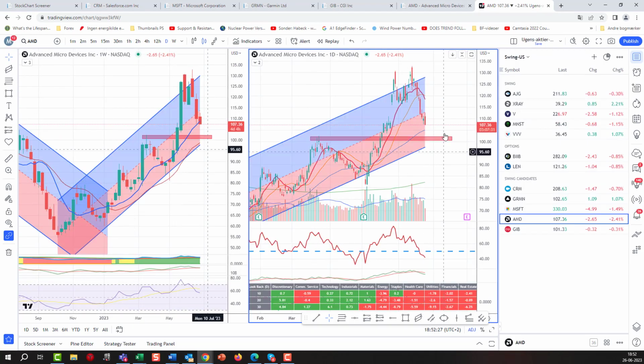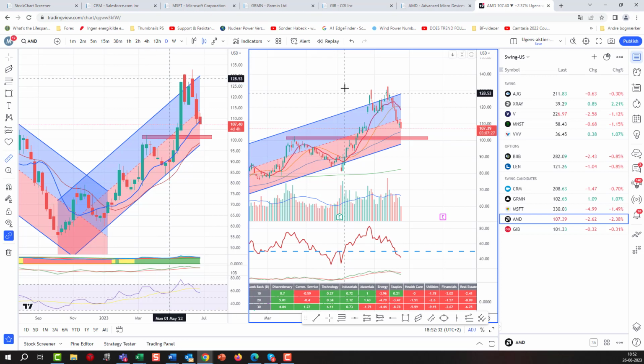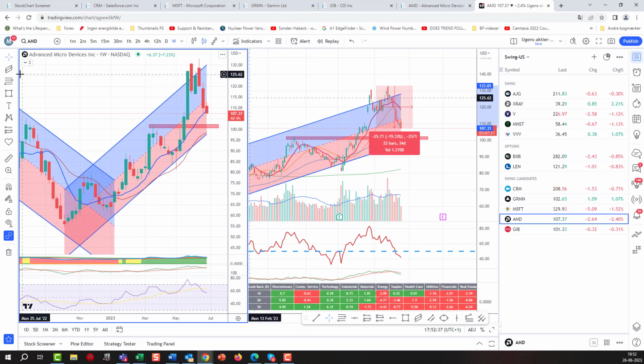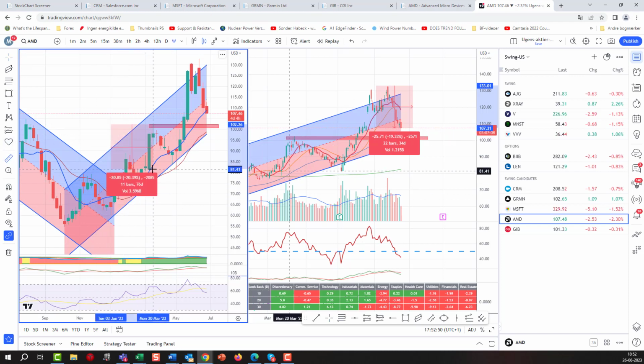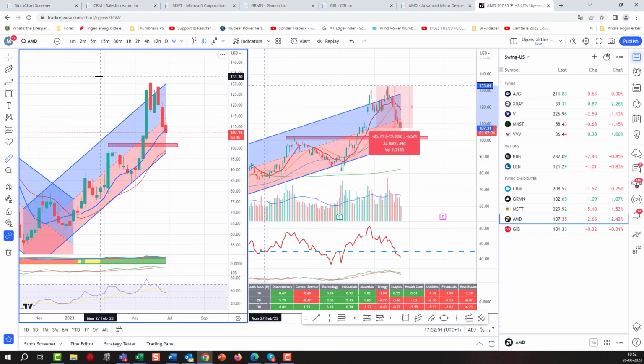Advanced Micro Devices, and you might be a bit reluctant to take this because again it has dropped something like 20%. But we have a good trend channel here, and if we're looking at the retracements, we have a 24% retracement, a 14% retracement, a 20.5% retracement, and then the current one, which is about 20%.